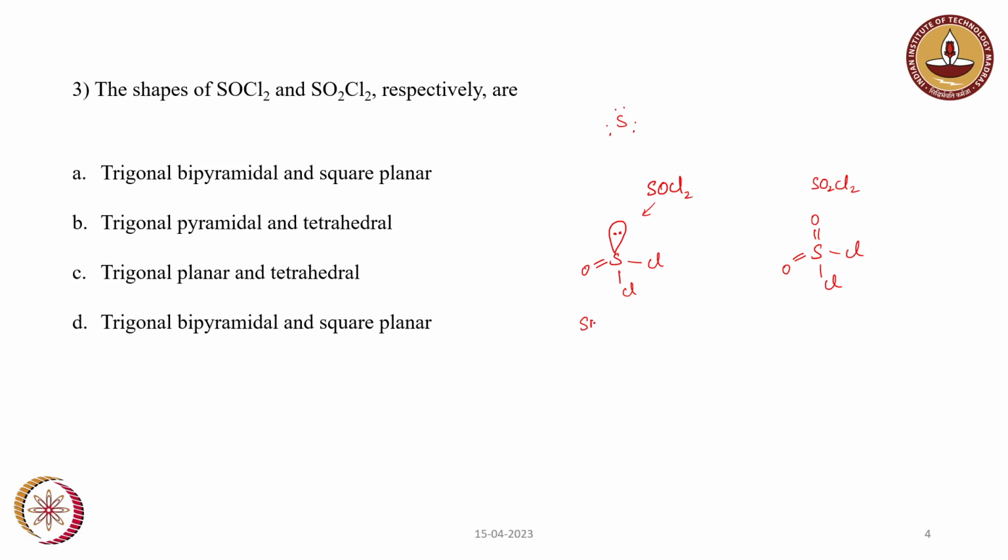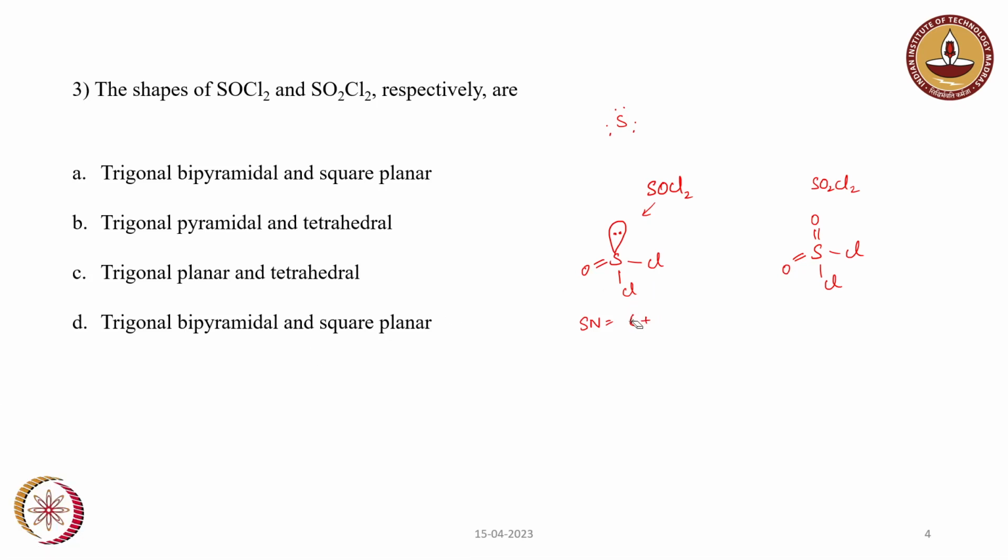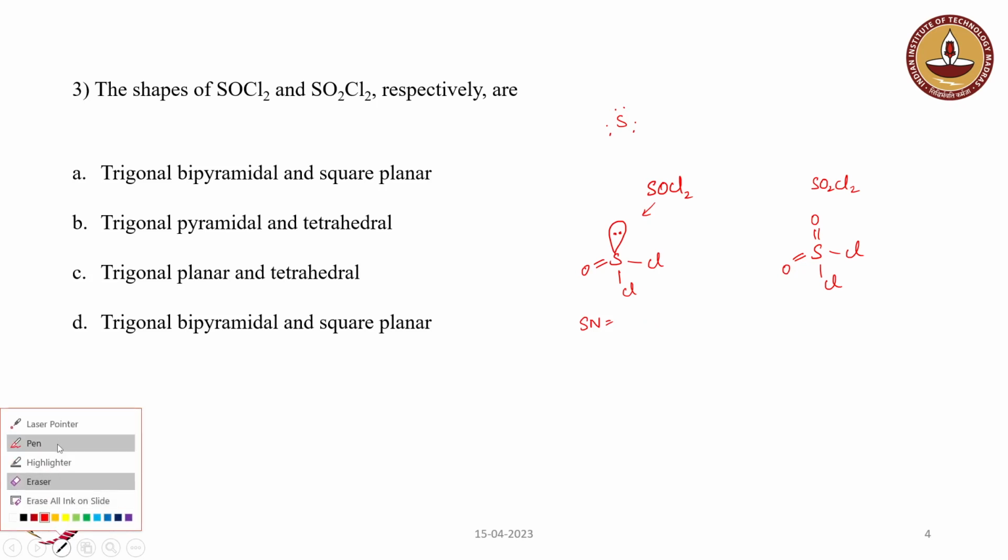So steric number will be the total number of bond pairs and lone pairs.